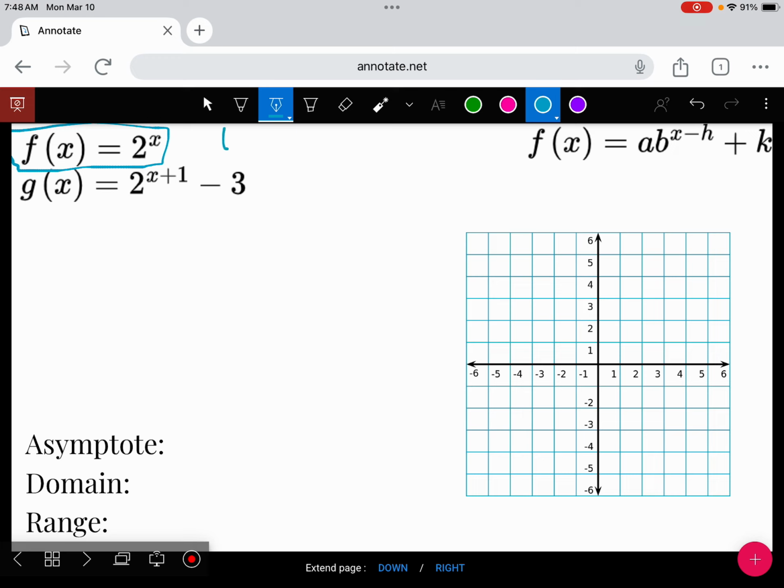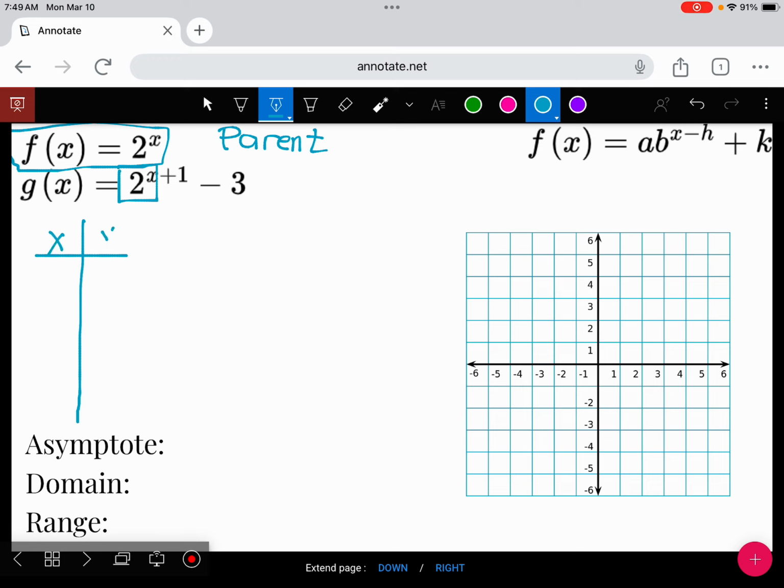This is our parent. When we have a transformation here, whatever number is our base, that's the parent we're working with. So this is 2 to the x plus 1, which means my parent function needs to be 2 to the x. So that's the guy we're looking at first.